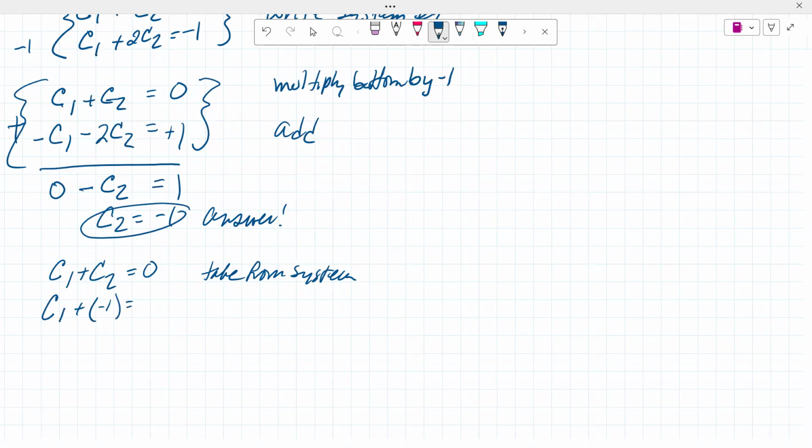Minus 1 equals 0. And that gives us C1 equals 1. All right. So here we have now our constants.